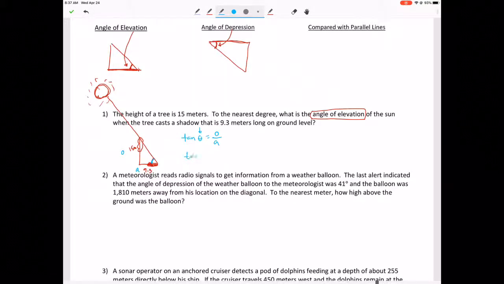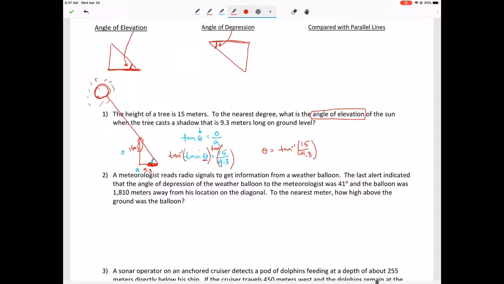So tangent of theta equals opposite over adjacent, 9.3. And we just need to solve for theta. Last time we talked about how if we need to get this by itself, we would use the inverse, tangent inverse on both sides. So you'd end up getting theta equals the tangent inverse of 15 over 9.3.